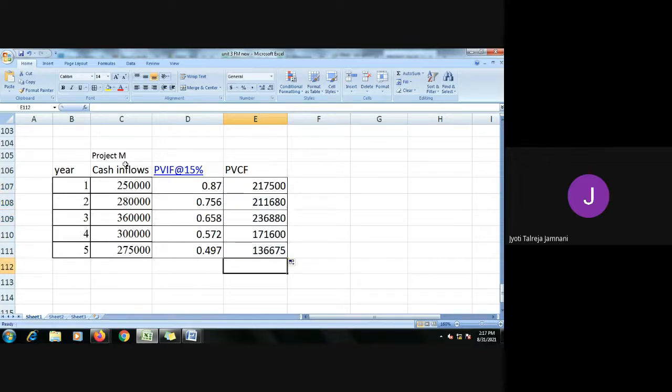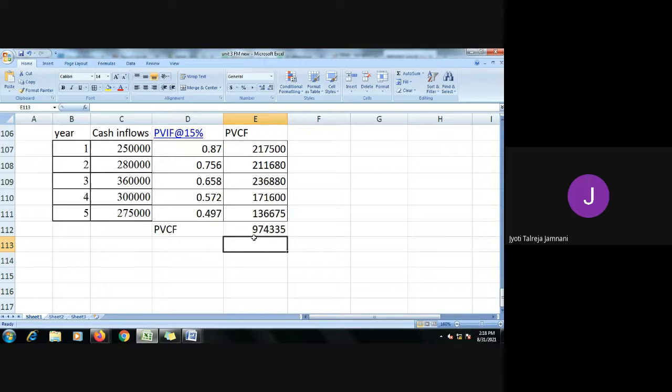We multiply the cash inflows with the present value interest factor. Now we'll total all the present value cash flows. Once you add all this, you will get the total present value of cash inflows.